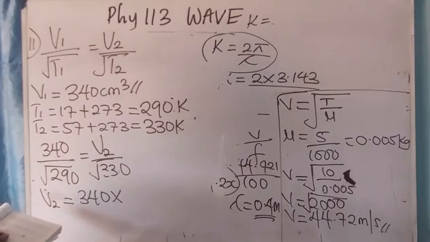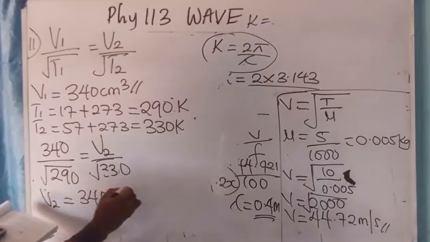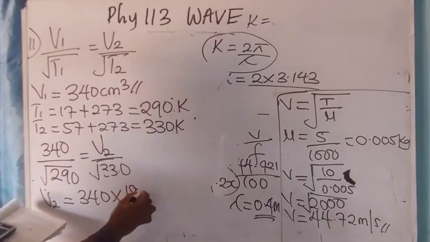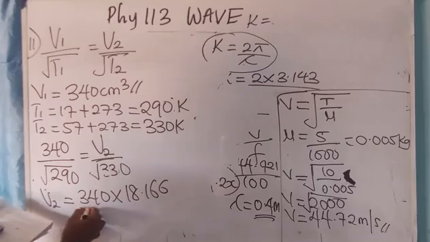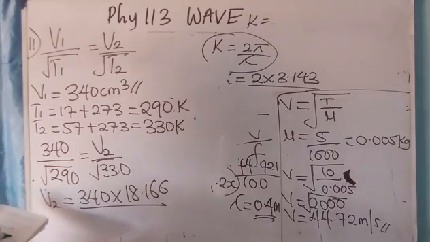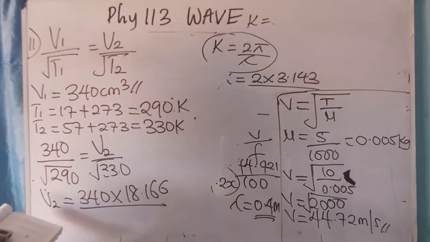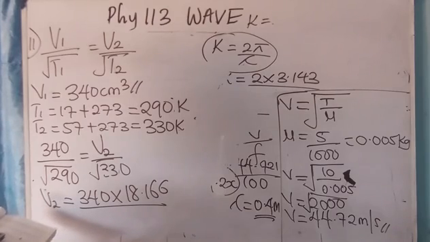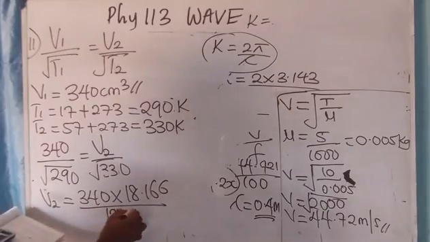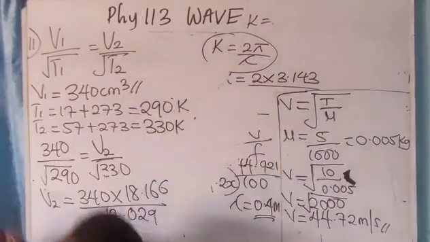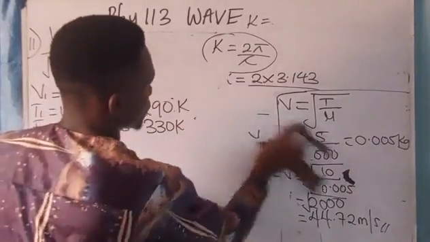The square root of 330 equals 18.166, over the square root of 290. The square root of 290 equals 17.029.